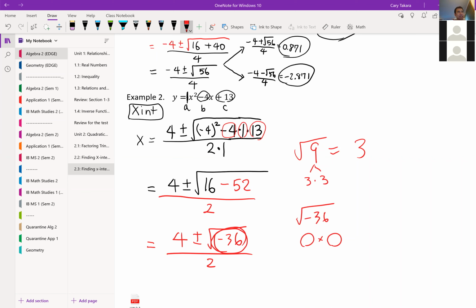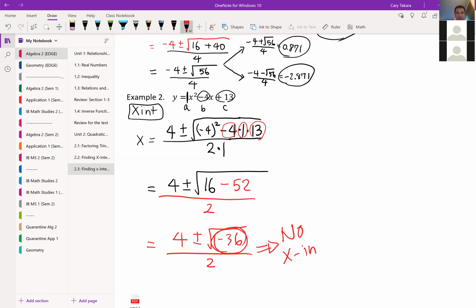You cannot get a negative number, okay? And so you cannot take the square root of a negative number, okay? And so it's impossible. At this point, we will stop and say that in this class, we will just say no x-intercept.